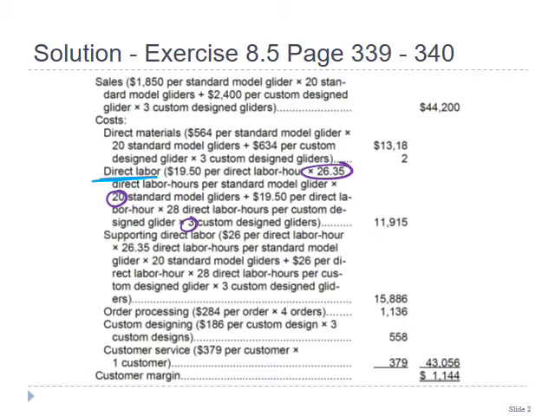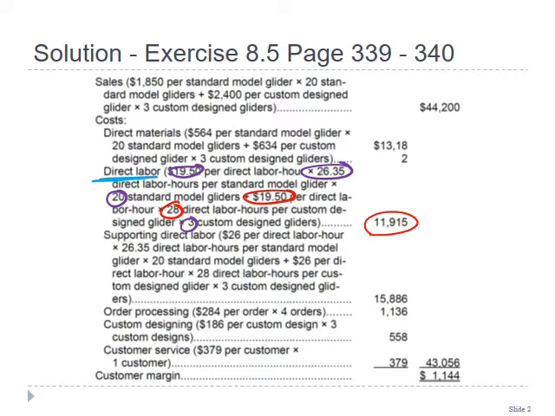And the per hour rate is 19.5, right? And how much time is spent to make a custom design paraglider? 28 hours, right? And what is the direct labor rate? 19.5.